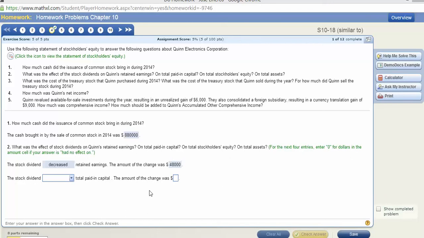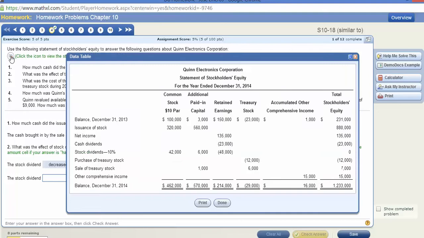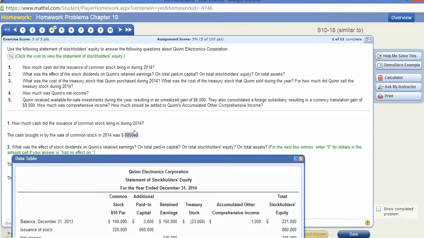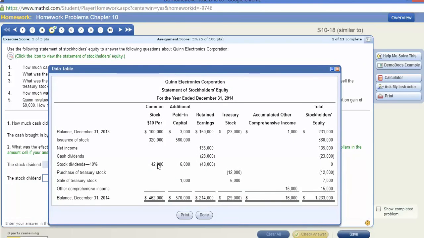The next one's easy to miss if you're not reading English carefully. Notice it says the stock dividend increase, decrease, no effect, total paid-in capital. Notice total is not the same as additional, okay? Because the temptation here on the stock dividend is to say, oh, it's asking for additional paid-in capital, but that word is not additional. This is total, and total is additional plus the common stock.